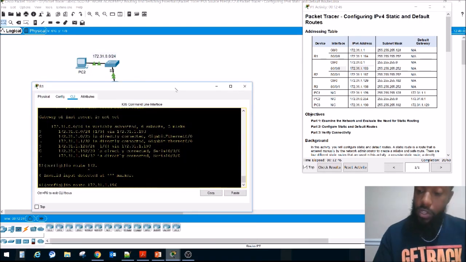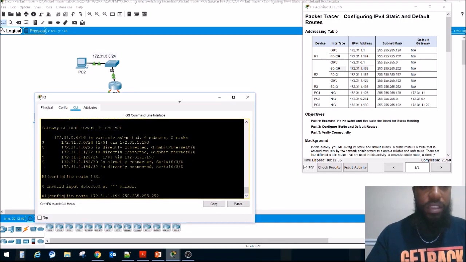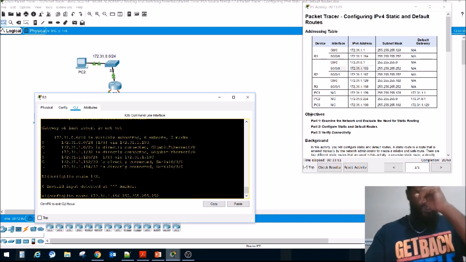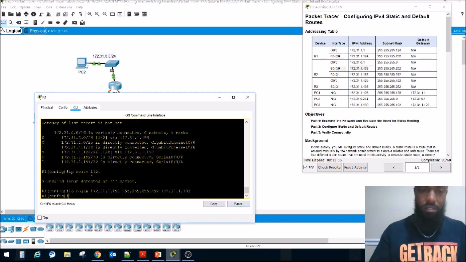So that's 255.255.255.252. And then the next hop address will be the same thing as the other guy. This one right here, 172.31.1.193. Paste, bam.